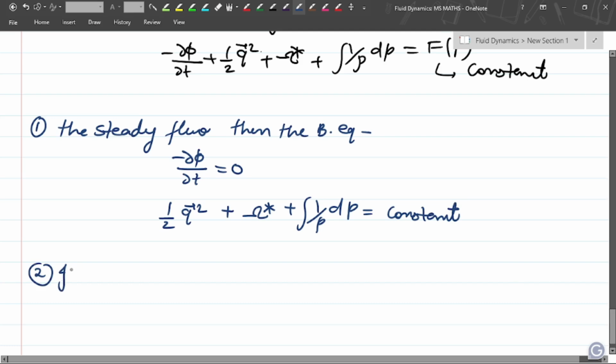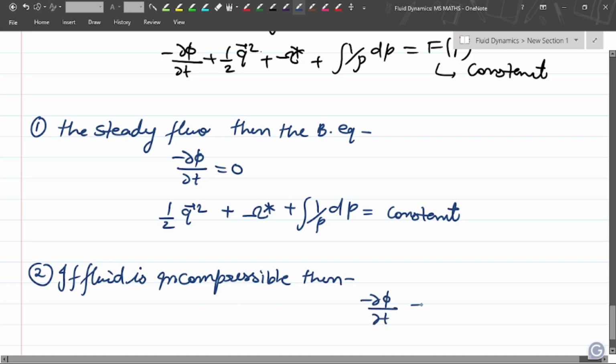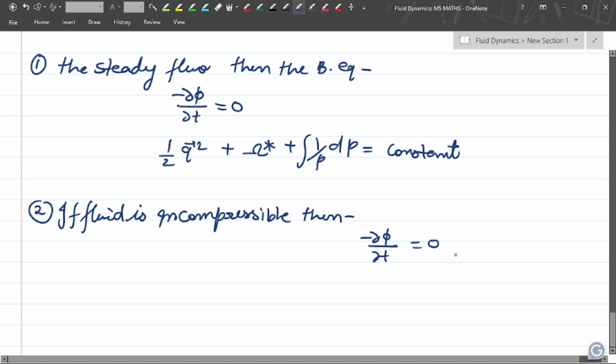Second will be, if the fluid is incompressible, then again dou phi by dou t will be 0, and the integration of 1 upon rho dp is nothing but p upon rho.